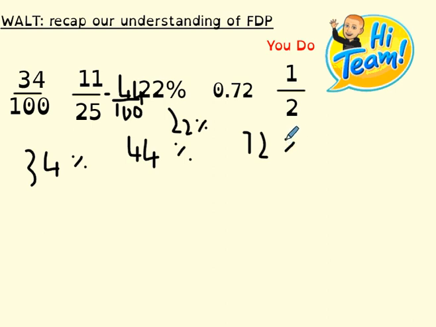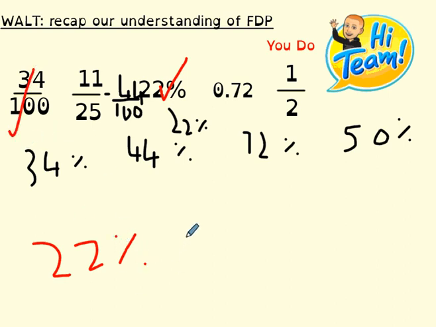So back to my original values, in order from smallest to largest. I'm going to start with 22%. My next largest value will be 34 hundredths. My next largest value would be 11/25.